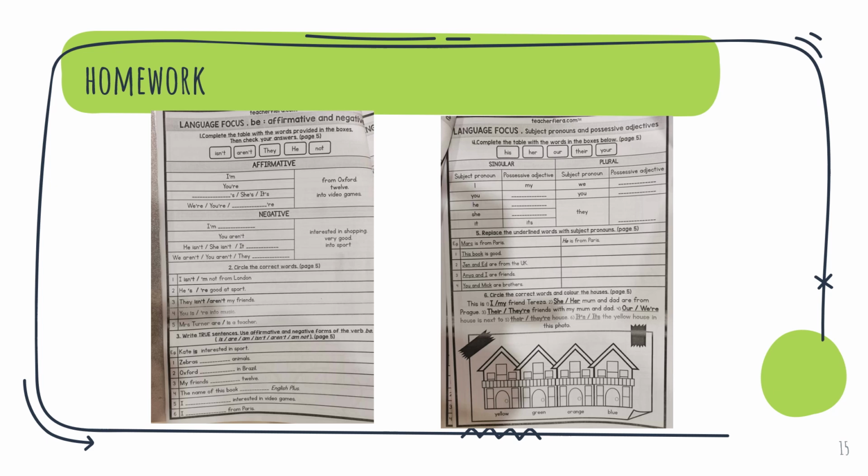Then look at the language focus, subject pronouns and possessive adjectives. I want you all to complete these activities, this worksheet from your modules. Then snap a picture and send it to your respective class teacher.